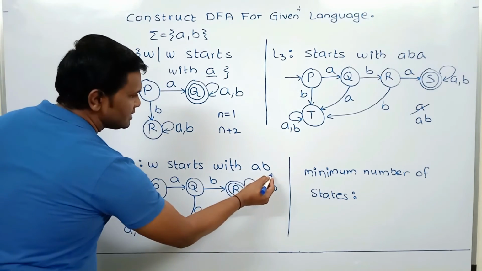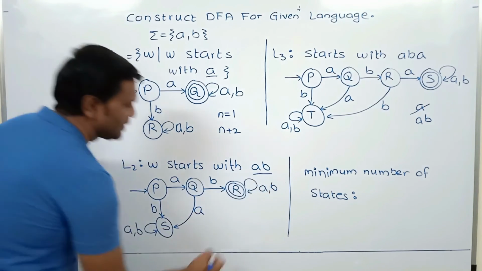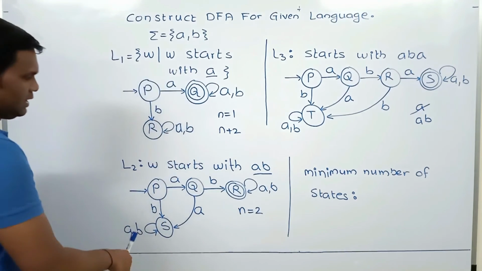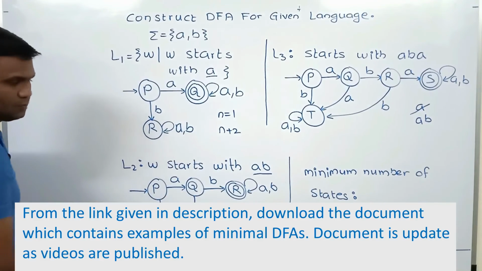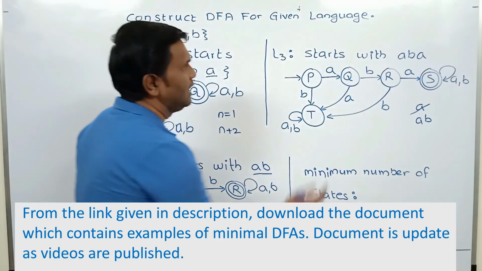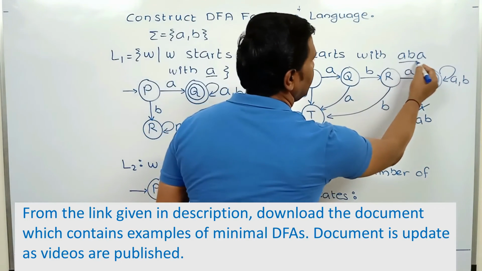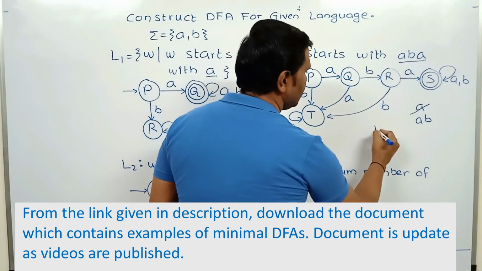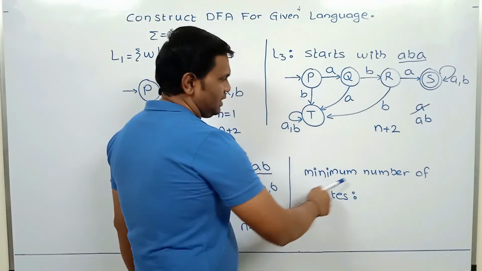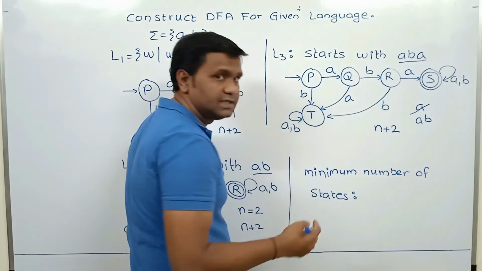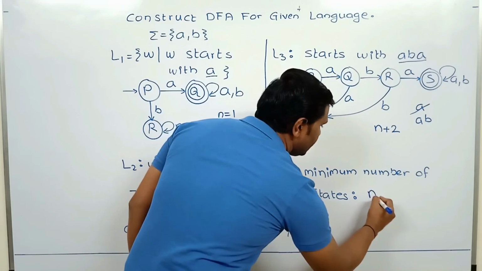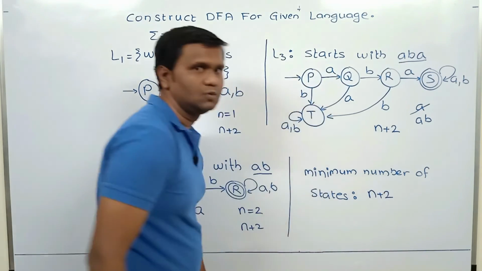Here the condition is that the string must start with AB, and the length of AB is n equal to 2, so the number of states is 2 plus 2, that is 4. And here n is equal to 3, the length of ABA is 3, and the minimum number of states in the DFA is n plus 2. So the minimum number of states when the condition is W starts with some string will be n plus 2.